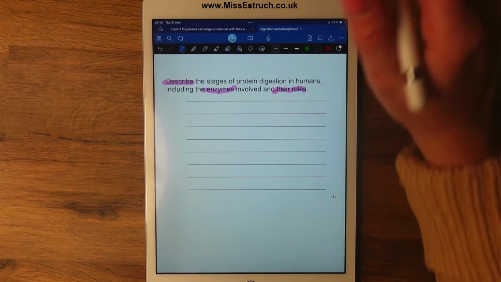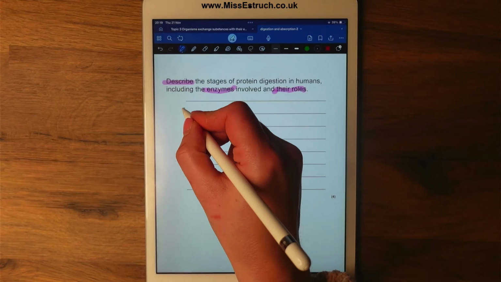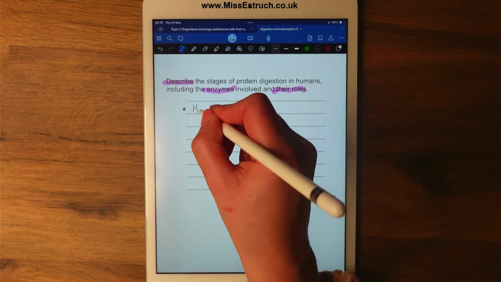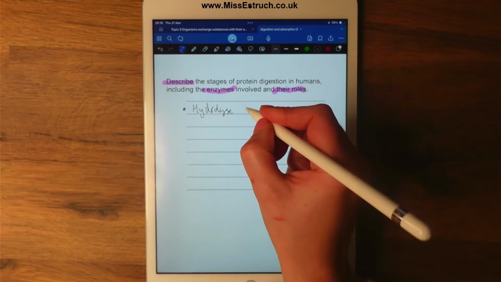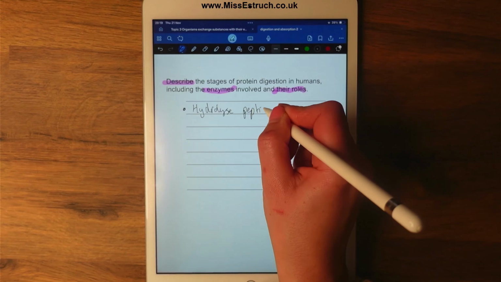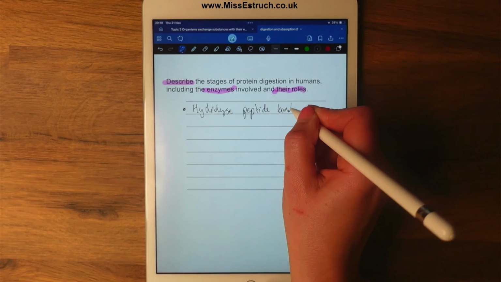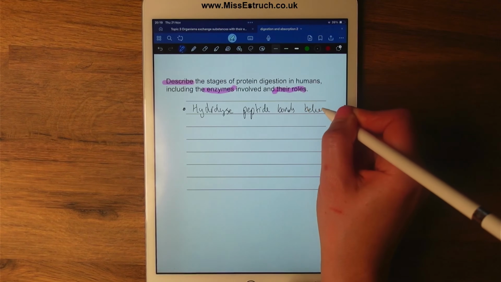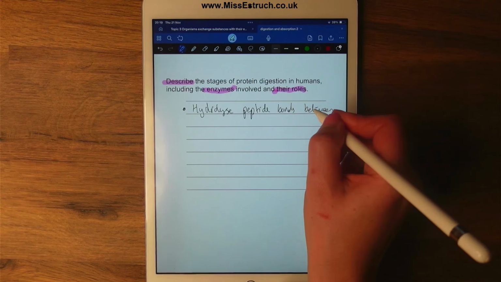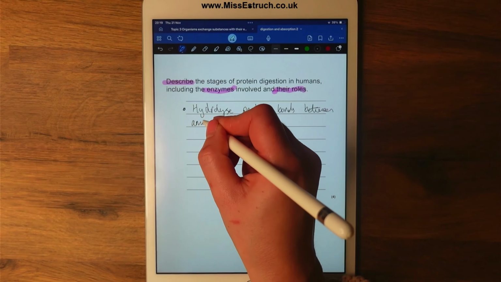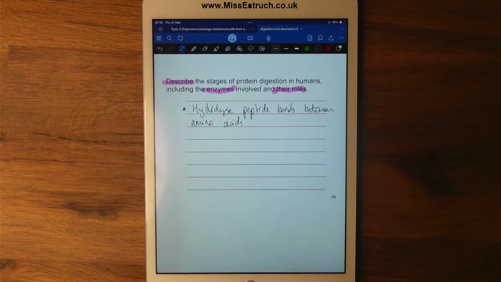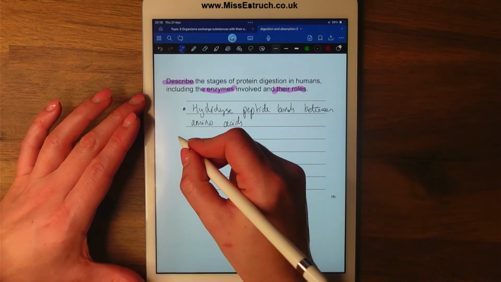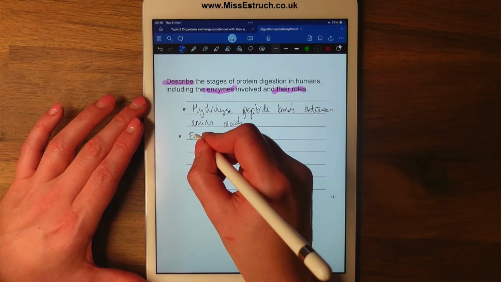So the first thing is, we said for all of them, there is hydrolysis of, hydrolyze those peptide bonds. So that's my first bit. Hydrolyze peptide bonds between amino acids. Then the other marks are going to be for talking about all 3 enzymes.